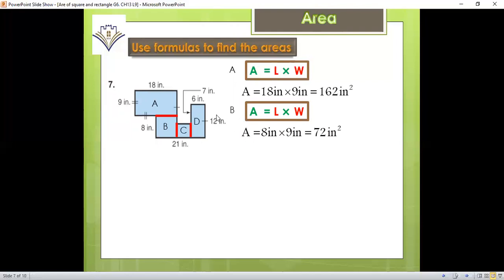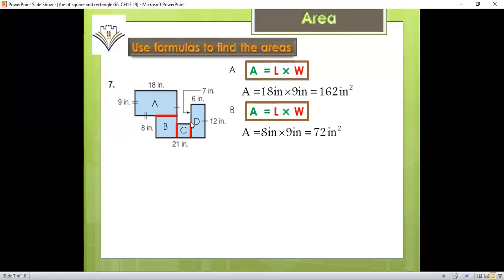Look at C, the part C here. We said before, this line is 12, and this part is 7. Look here, 7. Then again this 12, and this point is 7.